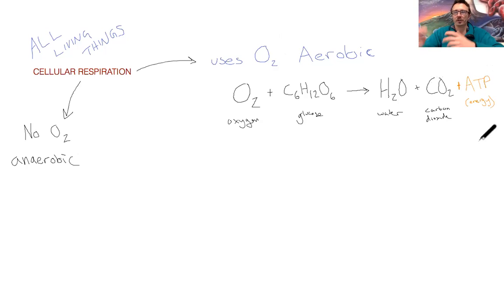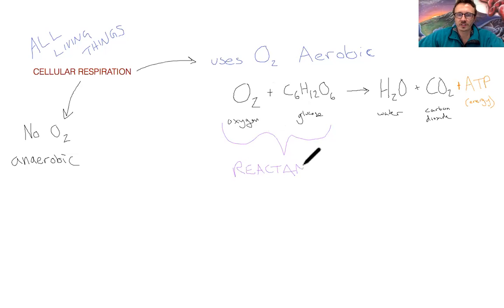So you can use it in your phone or a flashlight. Well, our bodies break down or burn glucose to charge our little cell batteries called ATP. And the little ATP molecule can bounce around the cell, providing energy directly to the proteins that need the energy, okay? And so again, just a review of basic chemistry, oxygen and glucose are considered the reactants, right? So this is what we need to start the reaction.